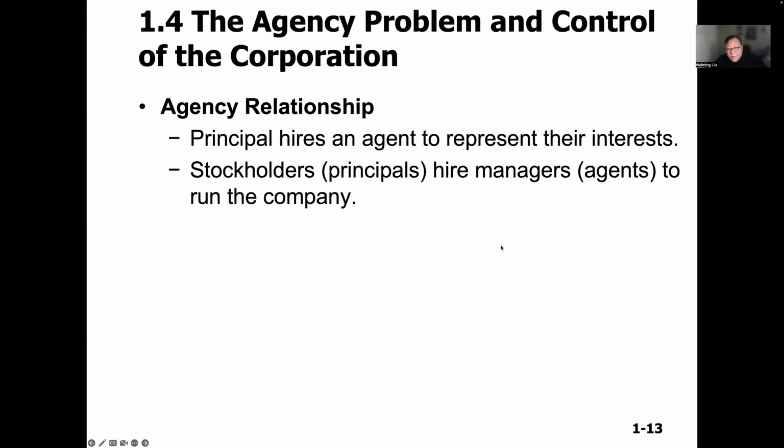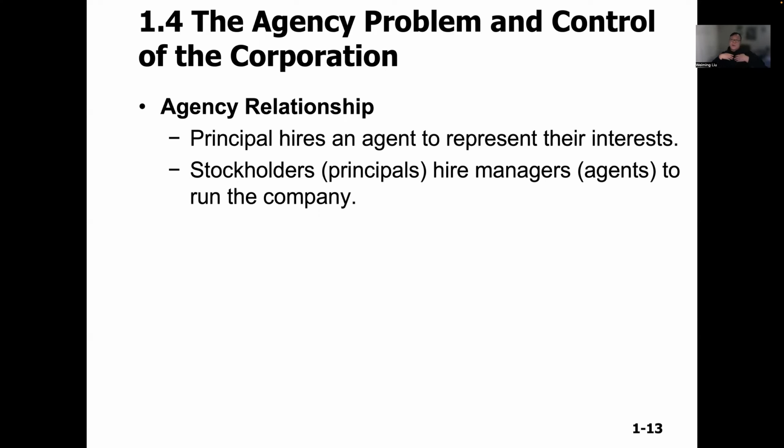Now let's talk about the agency problem and the control of the corporation. What is called the agency relationship? Usually the principal will hire an agent to represent their interest. It could be, I'm looking for a house, but I don't know too much about the real estate market.